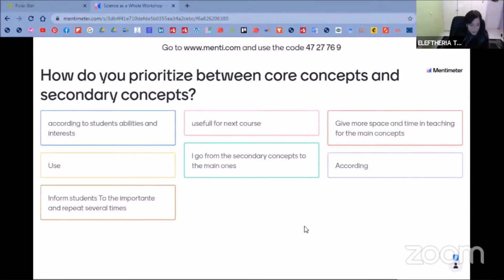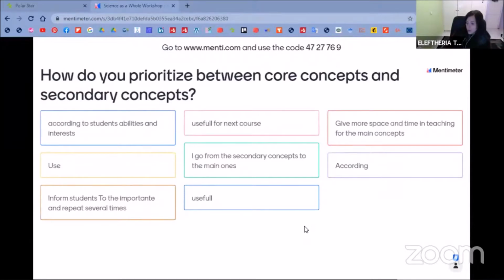Okay, so you have a couple of strategies that you have shared. You talk about highlighting the importance of the core concepts. I assume you mean mostly orally, and as you also say, by repeating several times. By giving more time to these core concepts, also very, very important.